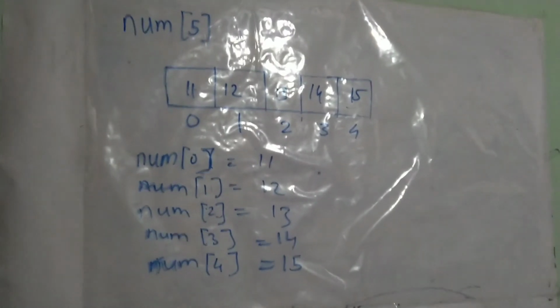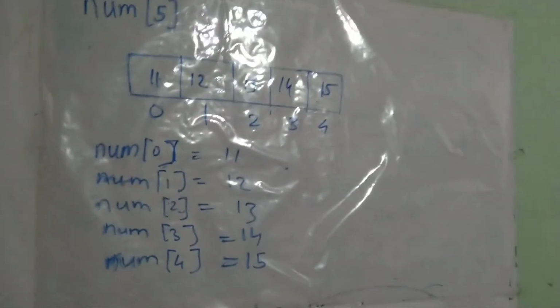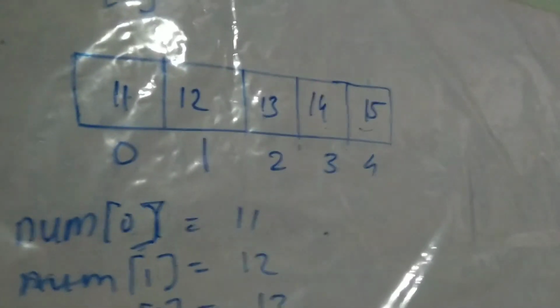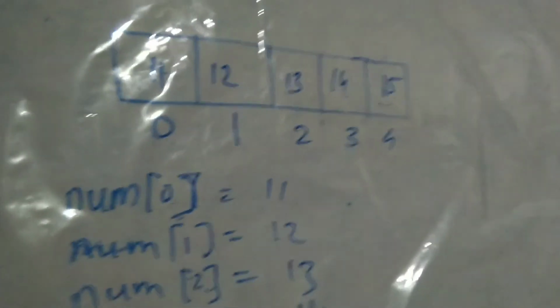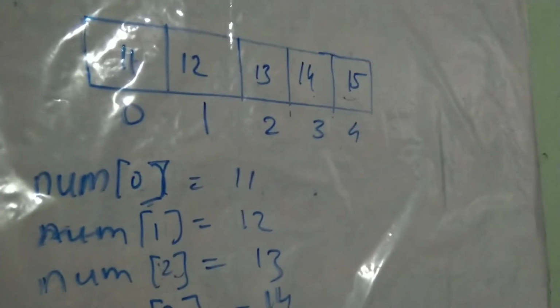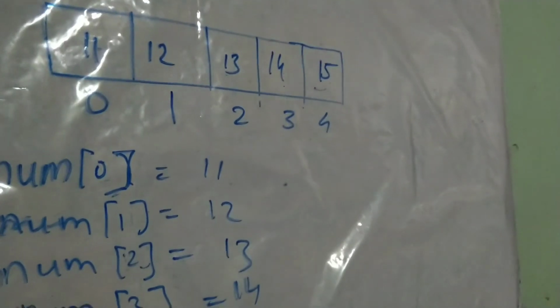So this is an array of 5 elements. It consists of 5 spaces, or you can say 5 boxes. So this is how an array is defined. So at the 0th place we have the value 11, at the 1st place we have 12, at the 2nd place we have 13, at the 3rd place we have 14, and similarly at the 4th place we have 15.